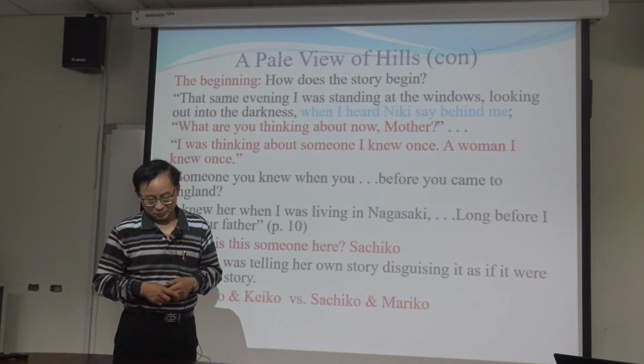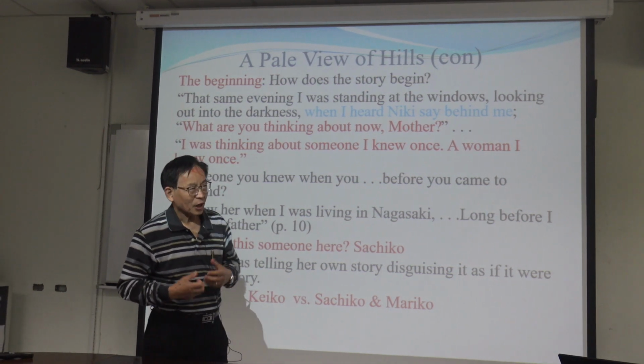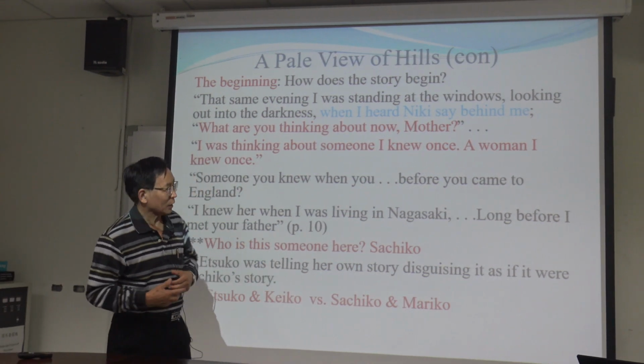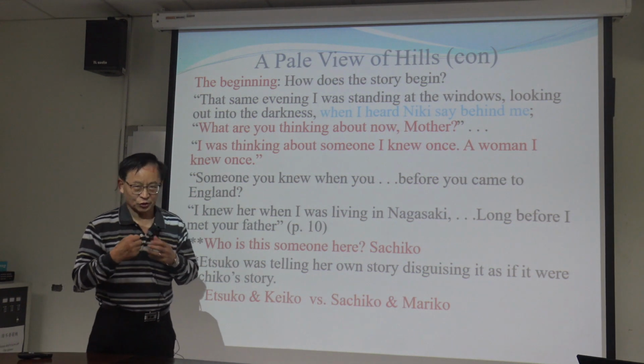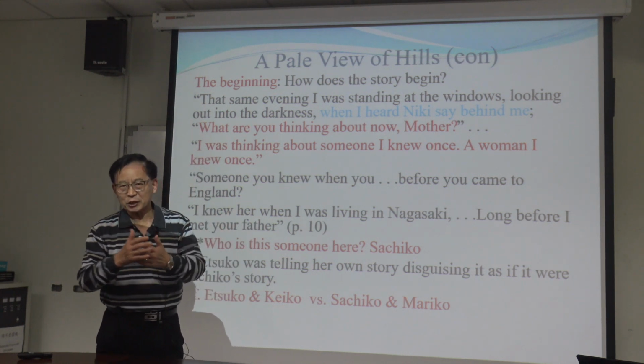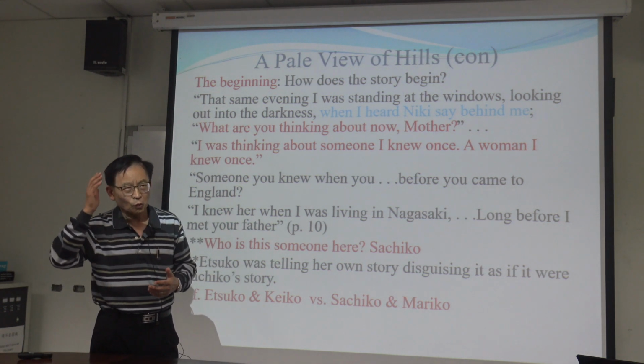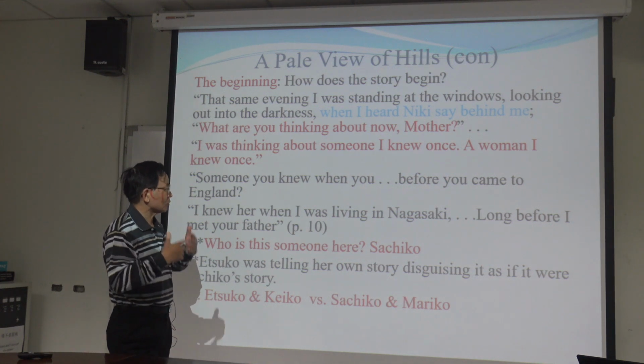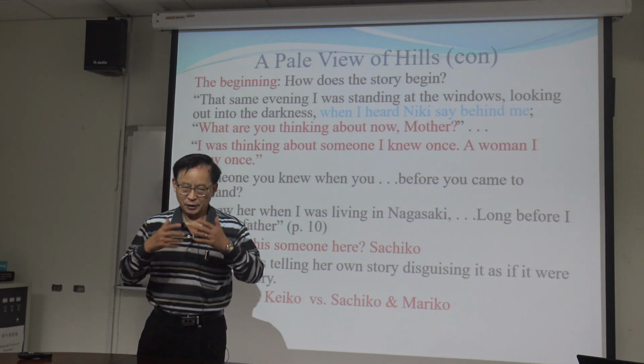In that sense, you can read A Pale View of Hills as a ghost story. Actually, I encourage you to read the novel from this perspective. You could well argue A Pale View of Hills is a ghost story.